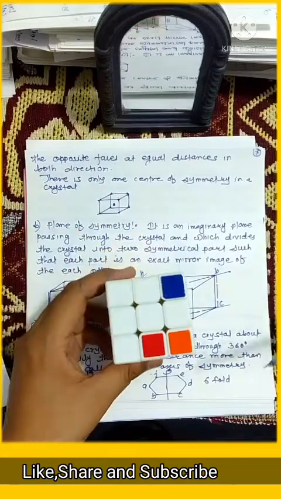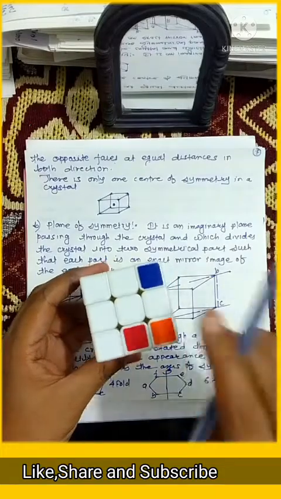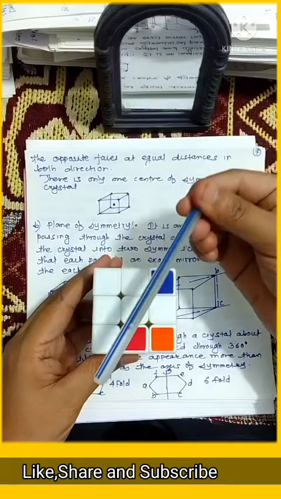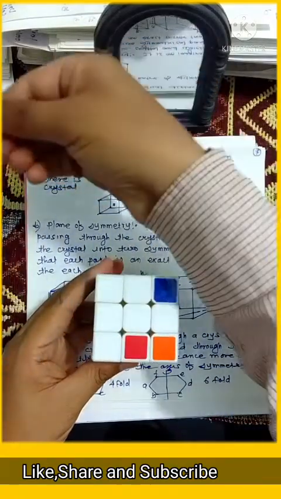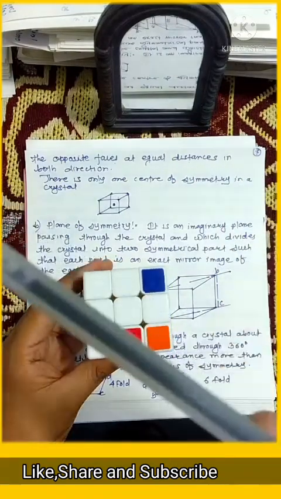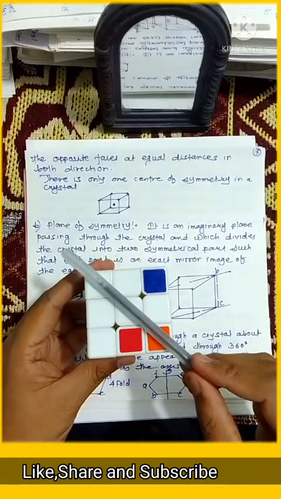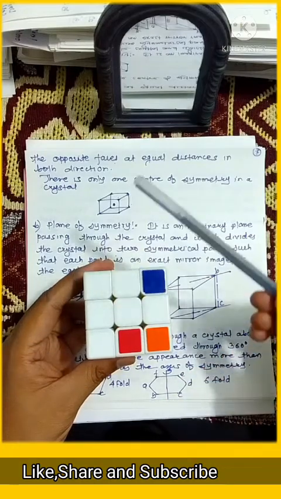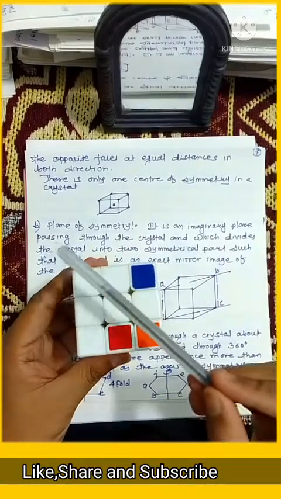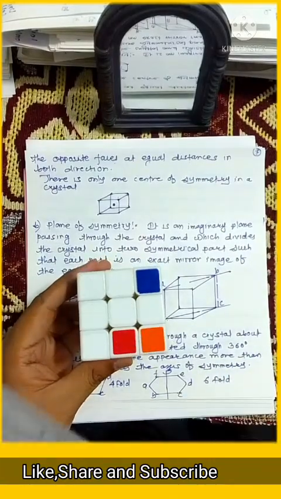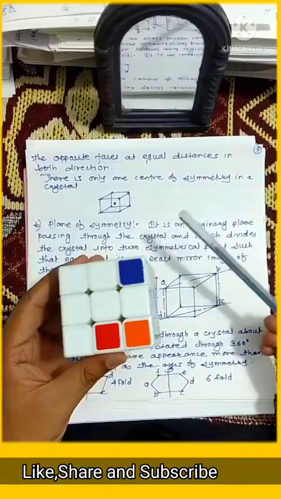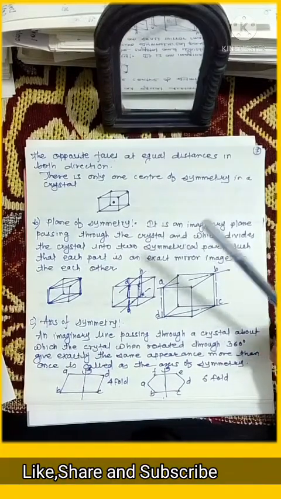We can also draw another plane like this, so this half is exactly equal to this half. You can draw a plane like this also, so this half is also equal to that portion. So what is a plane of symmetry? It is an imaginary plane which cuts the crystal structure into two equal halves.